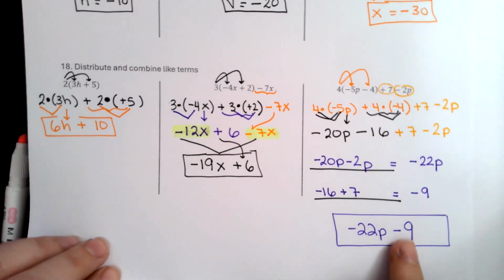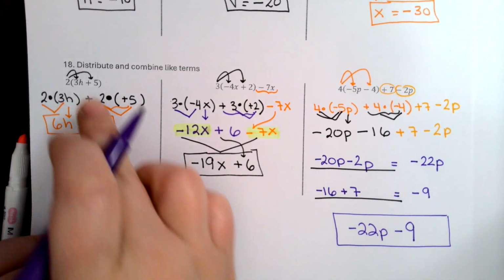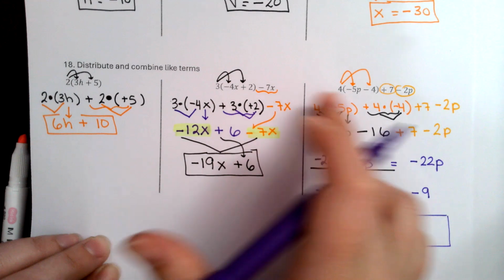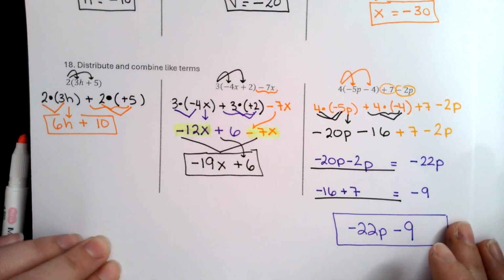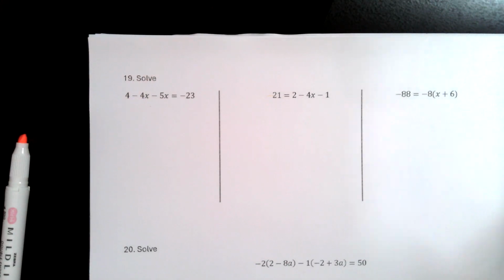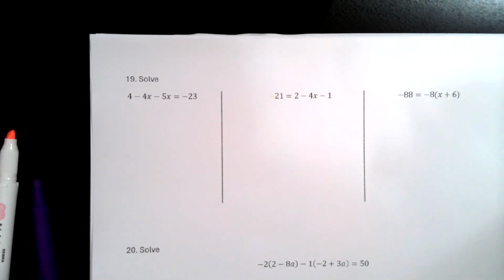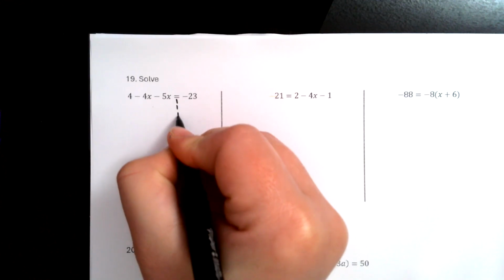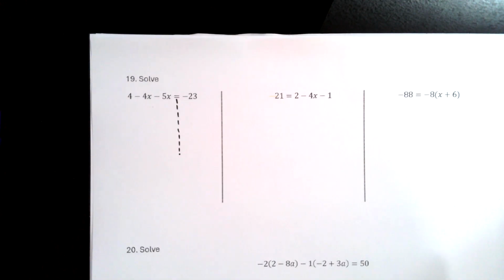Let's move on. So notice no equals, no equals, no equals, no equals, no equals, no equals. So these are called expressions. Now with combining like terms, we move back into equations with an equals. So remember, an equals is a dotted line for balance, and you're going to have to work with one side at a time.